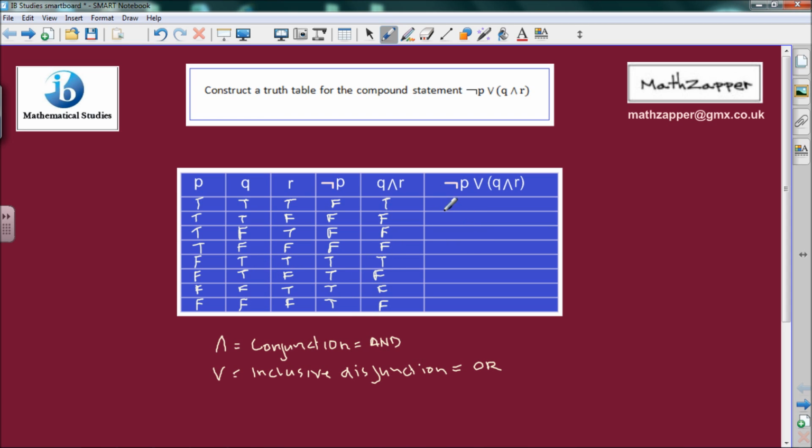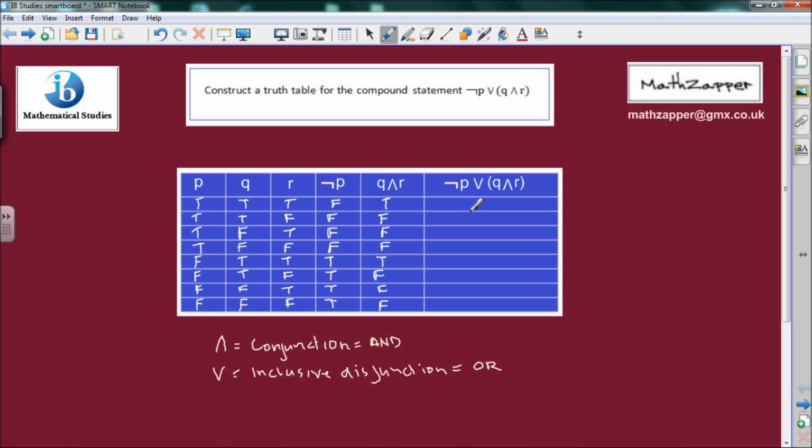And then finally, we come to the final compound statement. What this is saying is the negation of P or Q conjunction R. So it only needs one of them, either this or this, to be true for a true to be written there. We look at this column and this column. If one of them is true, we write true.